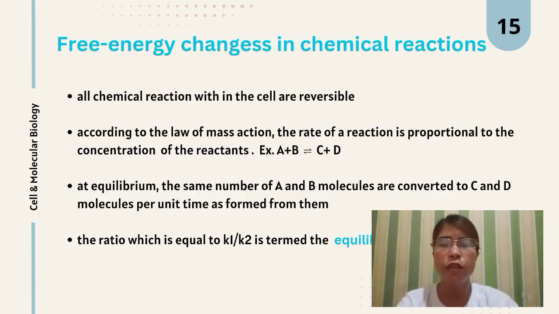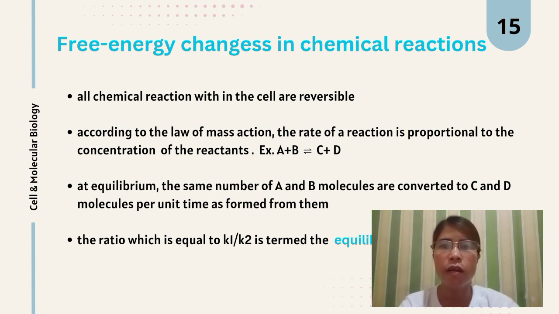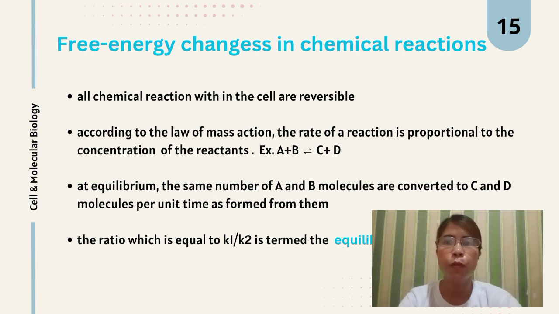So, free energy changes in chemical reactions. It says here, all chemical reactions within the cells are reversible. According to the law of mass action, the rate of reaction is proportional to the concentration of the reactants.